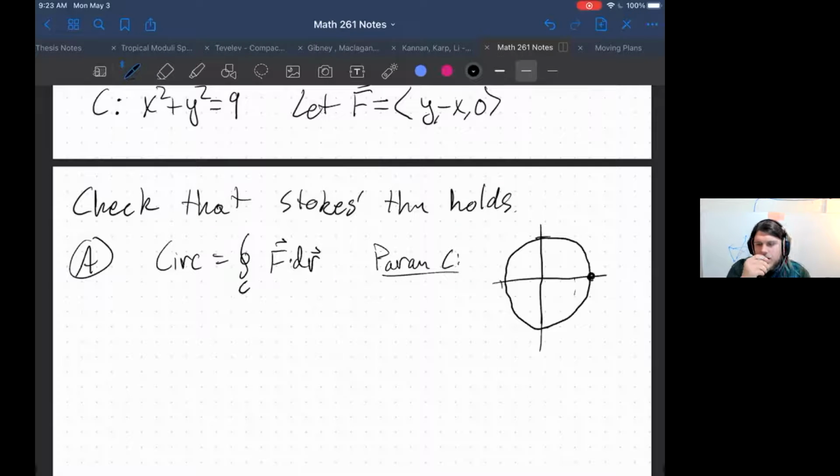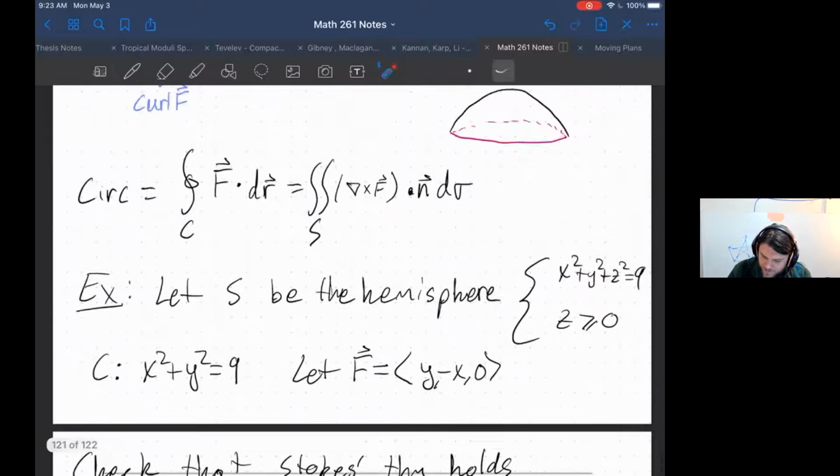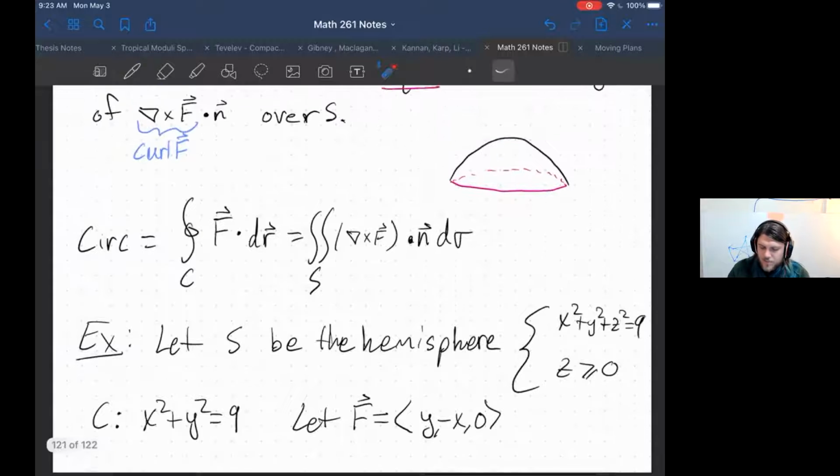And if we pick a counterclockwise direction for this, then that's telling us where our normal vector should be. So again, if we pick counterclockwise, that's like going back up to this hemisphere and picking this outside direction, right? This pointing up direction.